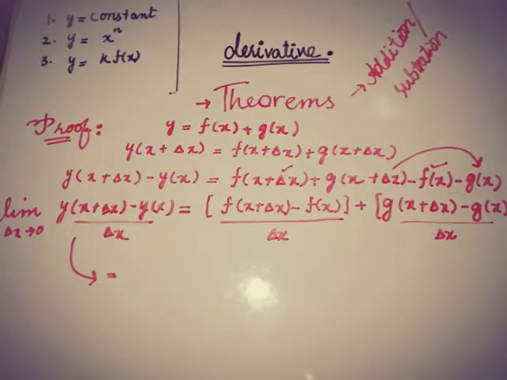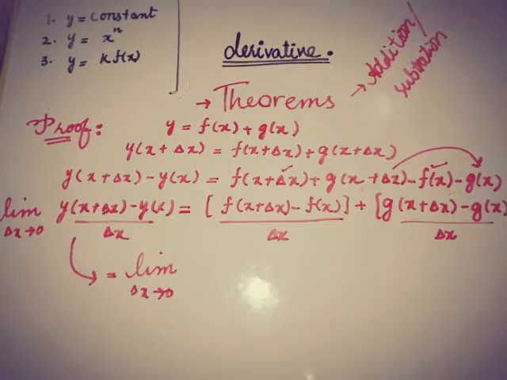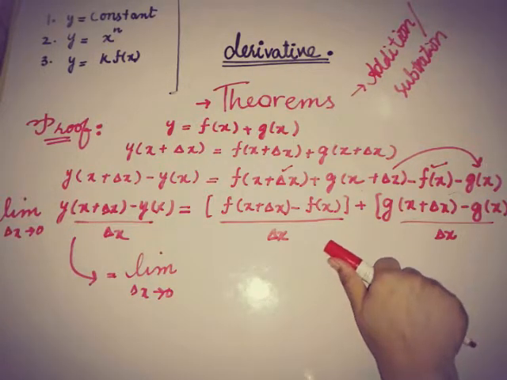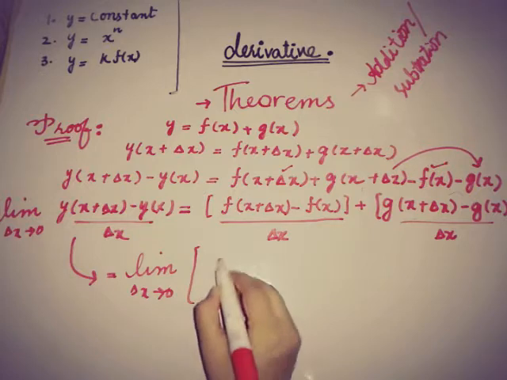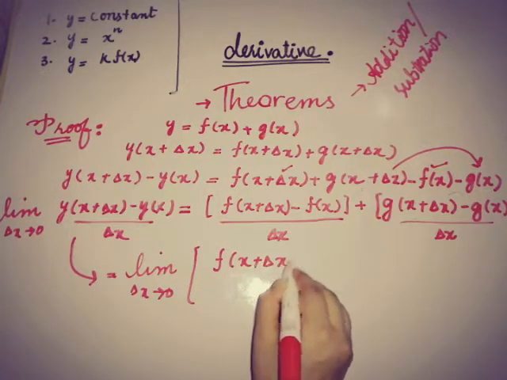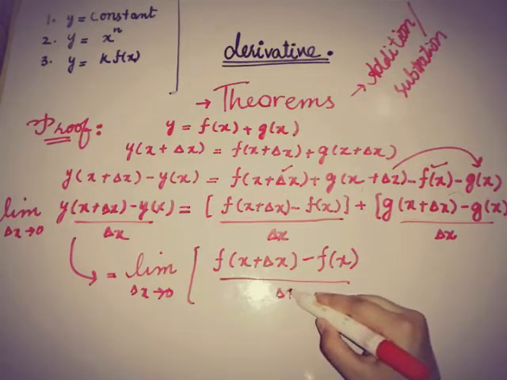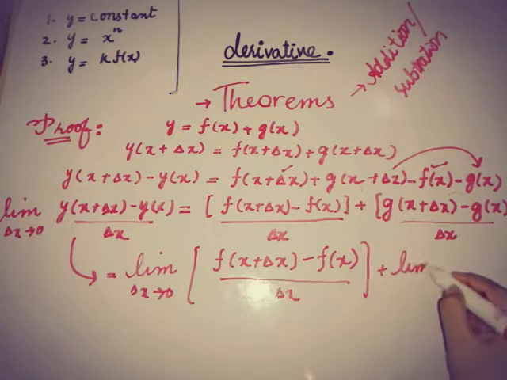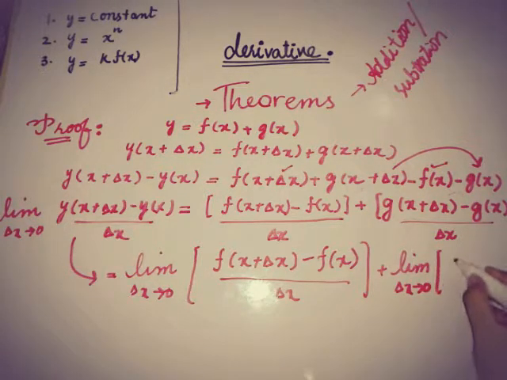So we will get limit delta x tends to 0. By the laws of limit, we know that the limit should be applied to this and this individually. So skipping this step, I've just written this, and the limit on this factor, g of x plus delta x minus g of x over delta x.